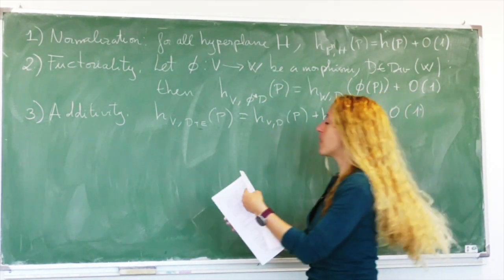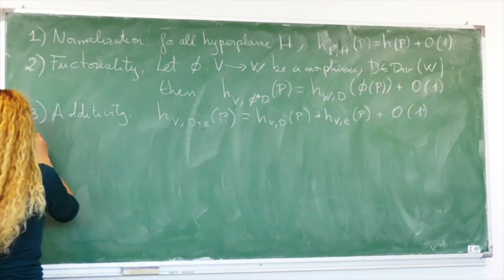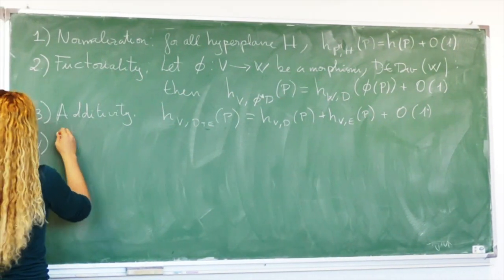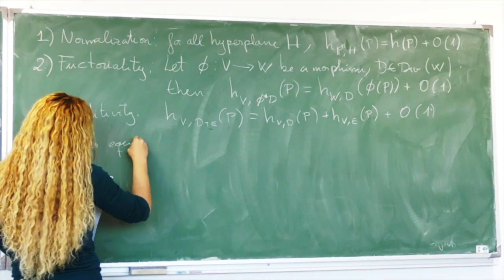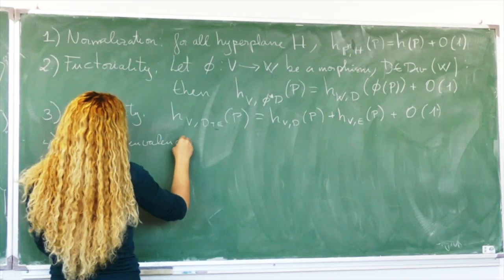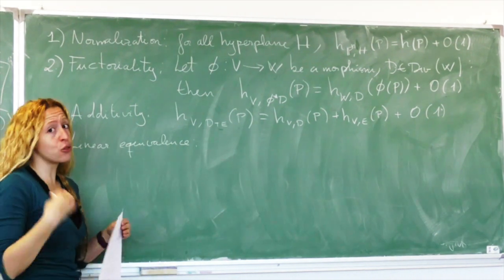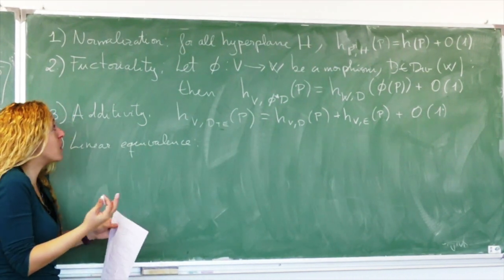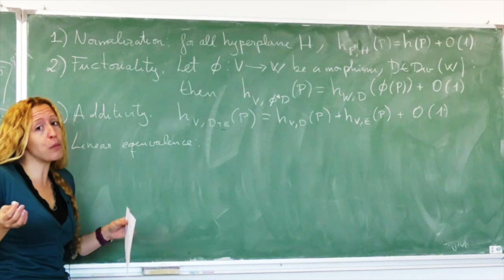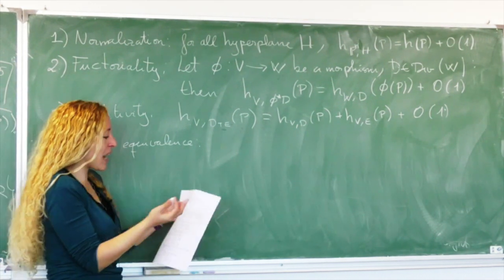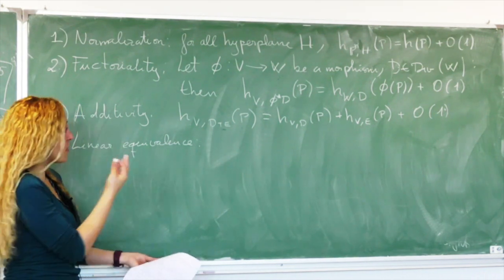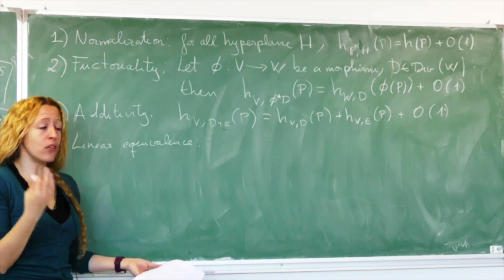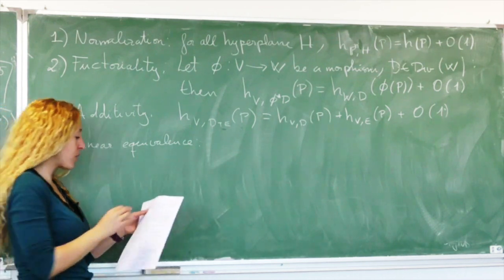Here. Fourth property, linear equivalence. I guess that this is another property that you were expecting. If you want a height with nice and good properties, you're expecting that the height doesn't depend on the divisor that you take, but only on its class of linear equivalence. Okay?